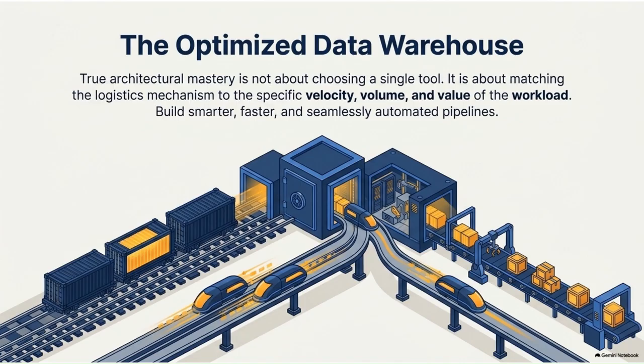How you decide the workload, how you decide to move, how you decide the architecture actually comes from these three V's: velocity, volume, and value. So if you want to move faster, you will use Storage APIs. If you have time, you will use batch. If you don't want to include any application code, you will use DTS.